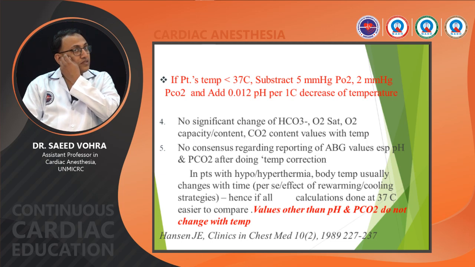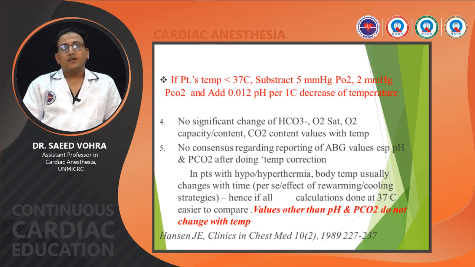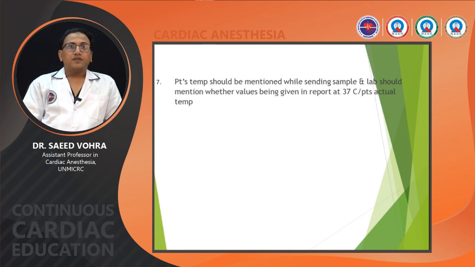There is no significant change in other parameters. However, there is no consensus regarding reporting of ABG values, especially pH and PCO2, after temperature correction. Values other than pH and PCO2 do not change much with temperature. Hence, the patient's temperature should be mentioned on the sample.